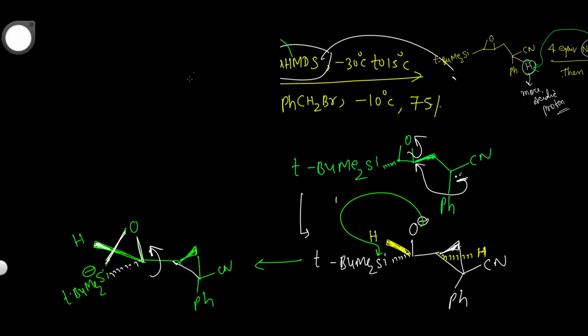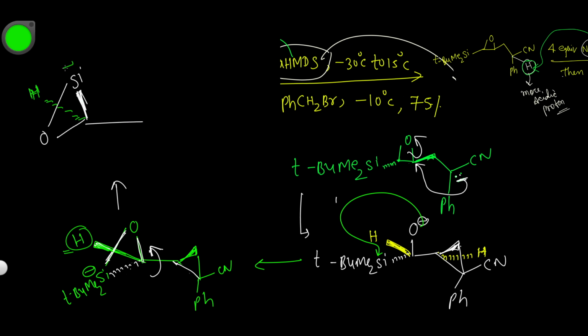So after the bond rotation, you will get something like this. This silicon will be above the plane. So you will get something like this: silicon here, and here oxygen, and that hydrogen will go below the plane after the bond rotation, right?